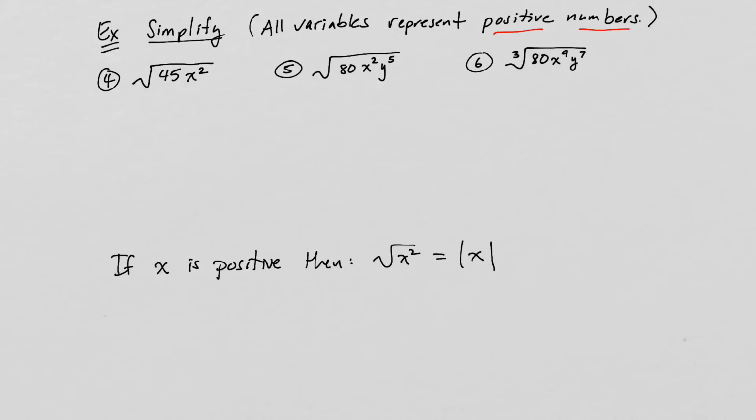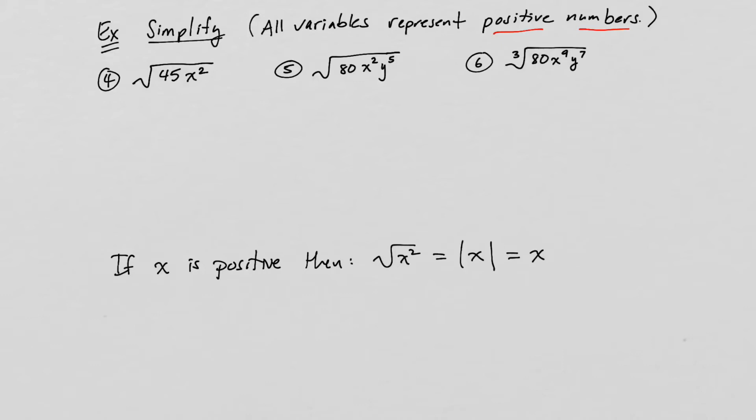But if x is positive, that means x is already a positive number, and so the absolute value becomes unnecessary. Anytime you see that variables represent positive numbers, what it means is that if you ever take an even root of the same even power, you don't have to put the absolute value symbols. It's more of a convenience thing than anything else.